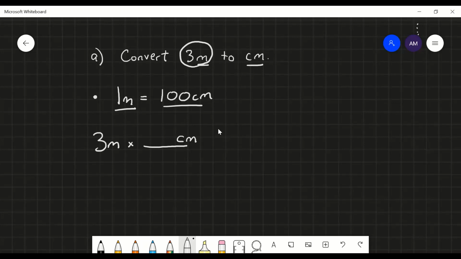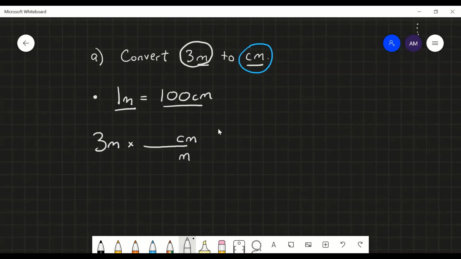So centimeters has to go here. And if we put meters down here, if you recall, it will cancel with the previous meters, because 1 meter is up here, 1 meter is down here, and this is a multiplication. So that's how we can cancel the meters. That's how we get out of meters and into centimeters, which is the goal of this question.